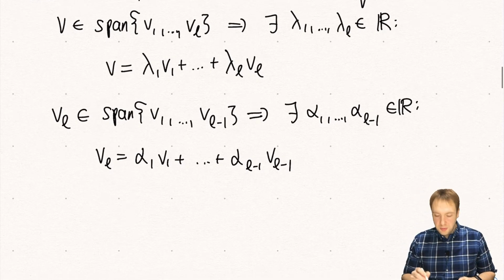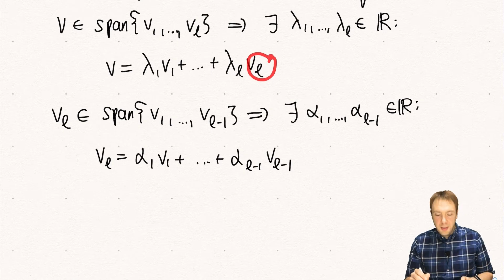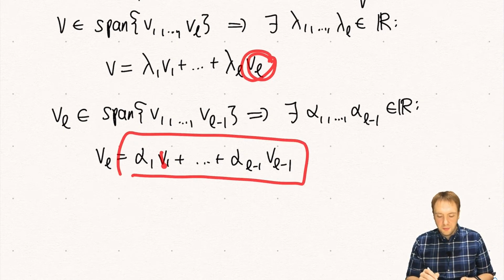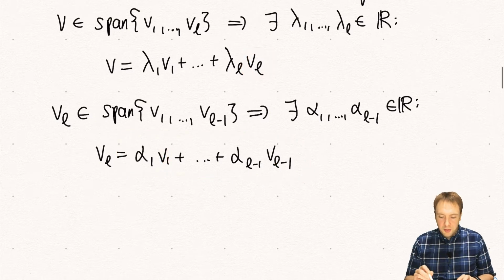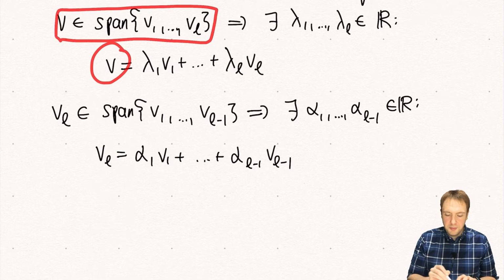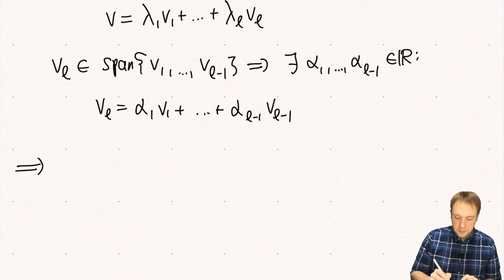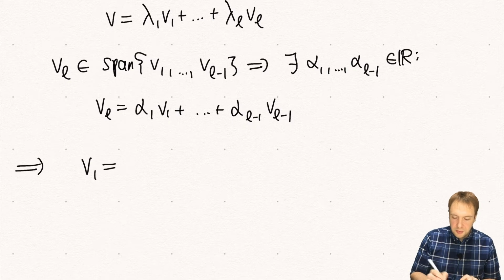But this we can now plug in here. So instead of writing this VL, we can write VL as a linear combination of these vectors V1 up to VL minus 1, and therefore this arbitrary vector v in the span of all of them can be written as follows.